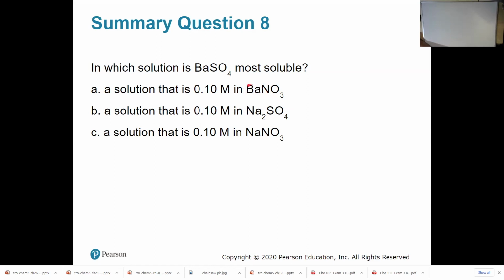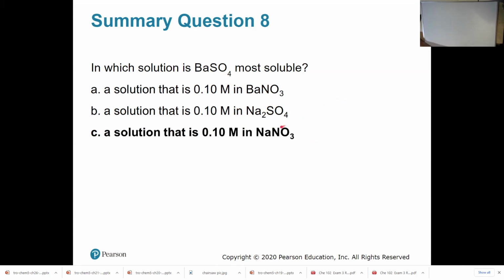The existence of the barium ion is going to reduce the solubility of the barium sulfate. In choice B, the existence of the sulfate ion in the sodium sulfate will reduce the solubility of your barium sulfate. So only in choice C, where there is no common ion present, would you not have any hindrance to dissolving your barium sulfate.